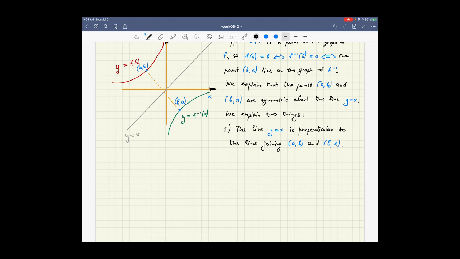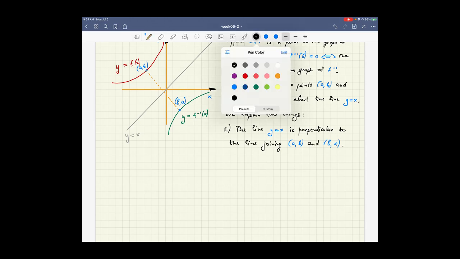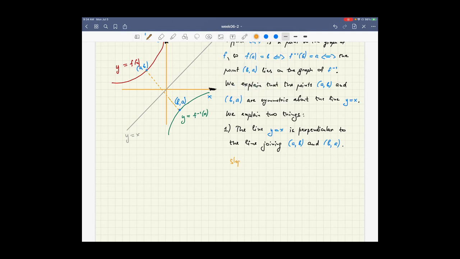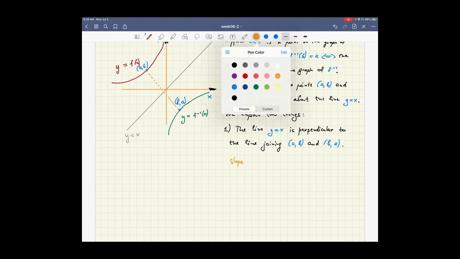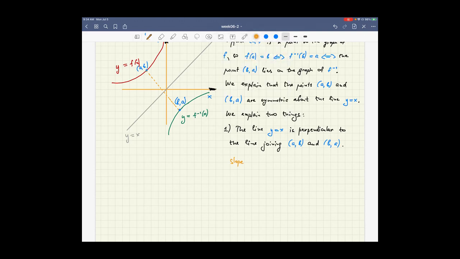So what is the slope of the line that passes through a b and b a? The slope of that line is, let's say this is the first point, this is the second point, difference of y coordinates over difference of x coordinates.